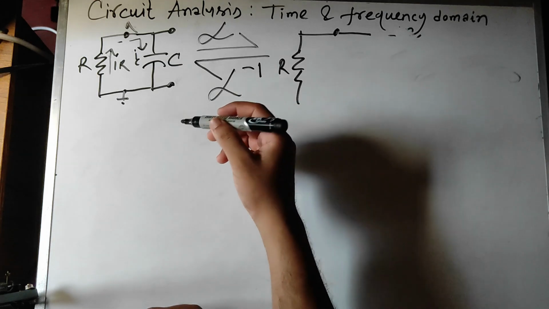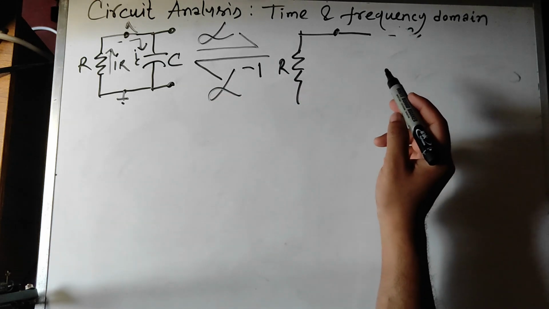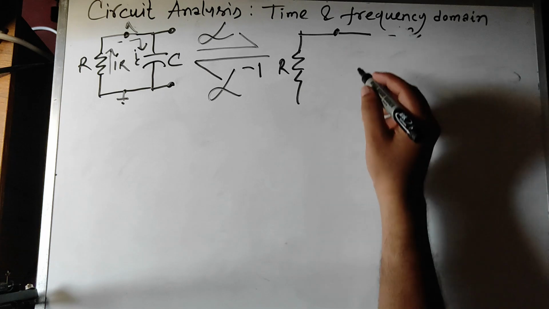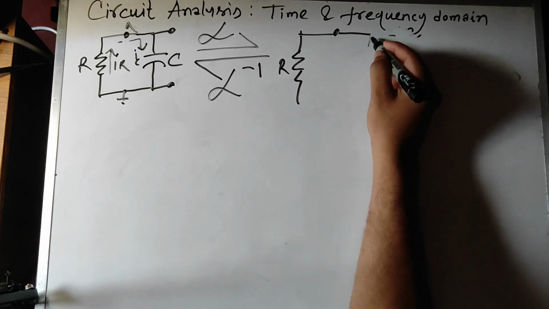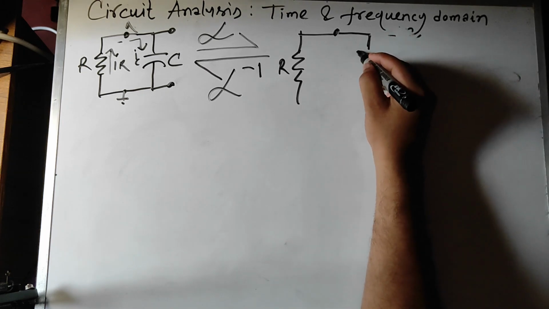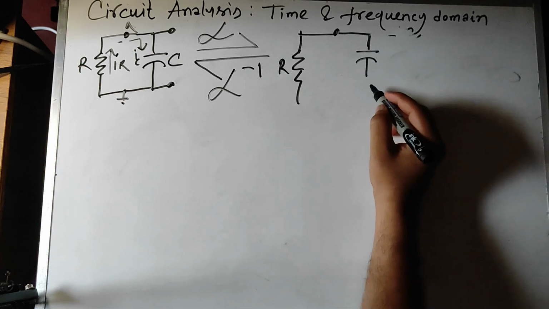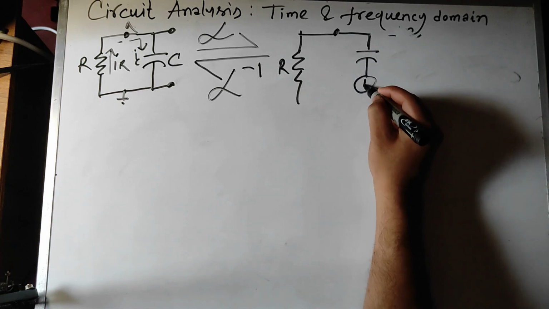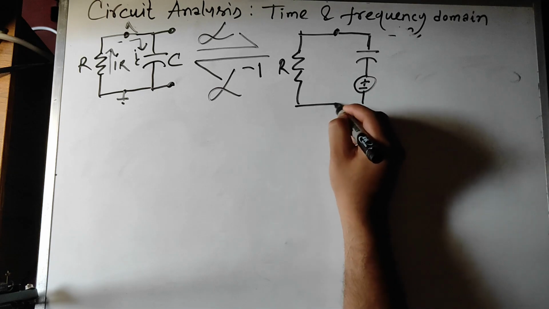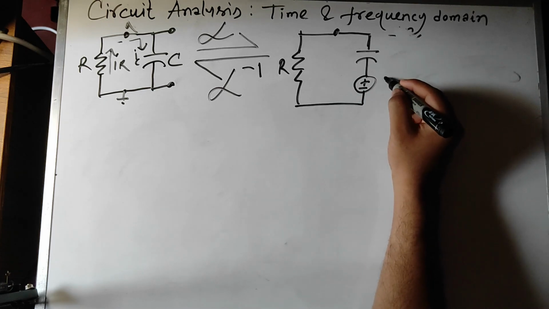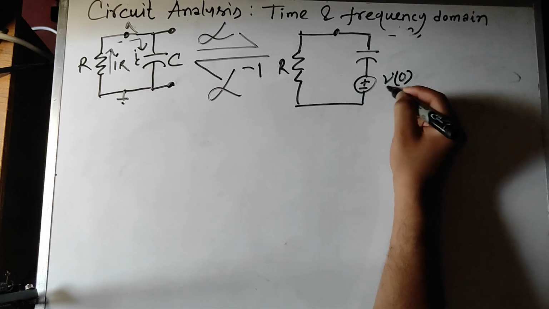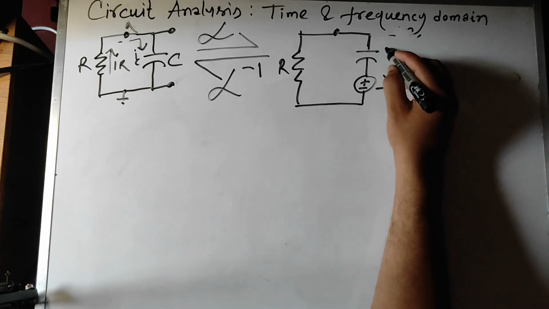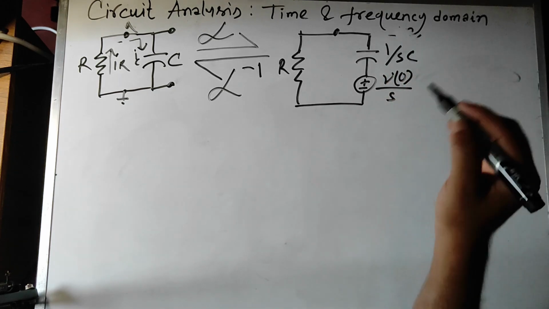So a capacitor with initial voltage after Laplace transform will be Vo by S, and this will be 1 by SC.